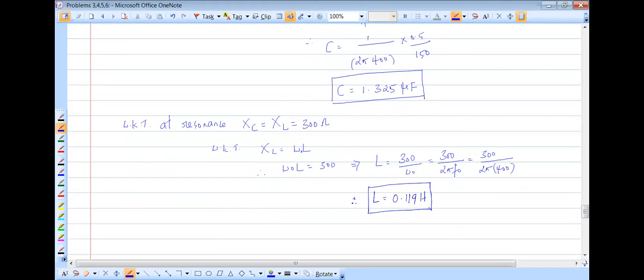So we have found out the capacitance of the capacitor and the inductance of the inductor, and we are asked to find out the resistance of the inductor also. So where can we come across this RL is the question.